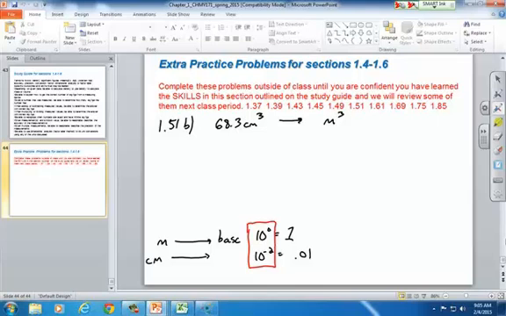You just look at the power that the 10 is raised to, and that tells you the relationship between these two units. So 10 to the 0th related to 10 to the negative 2, that's a difference of 2 powers of 10.